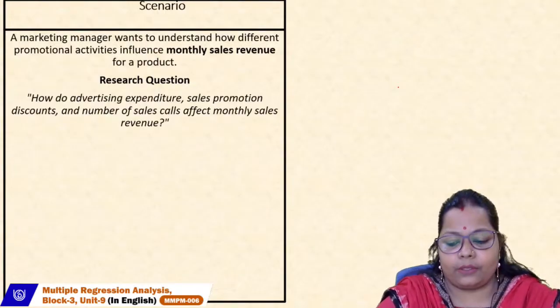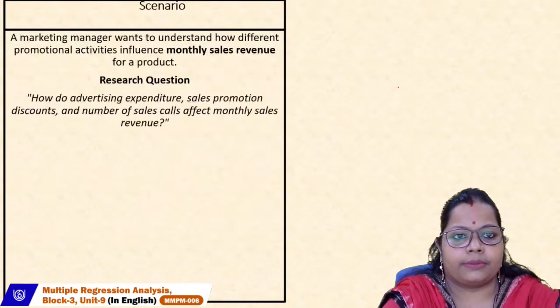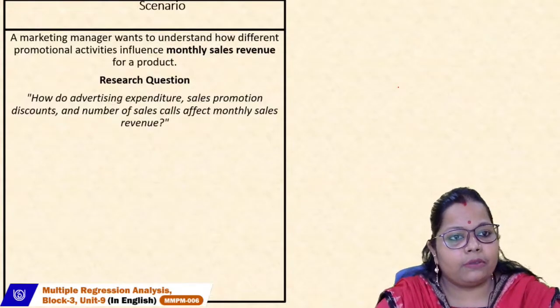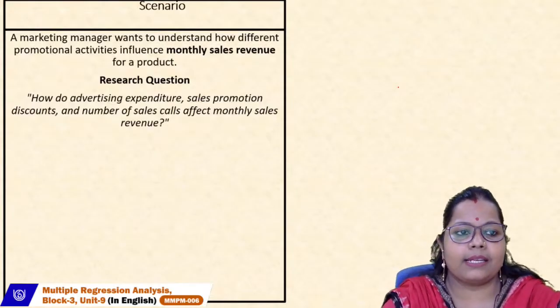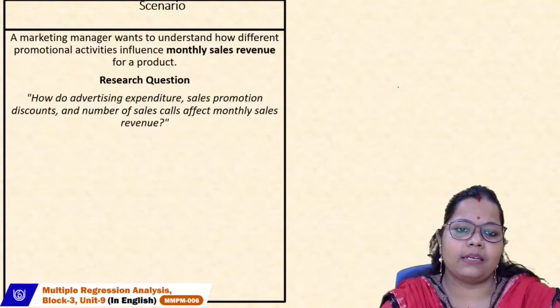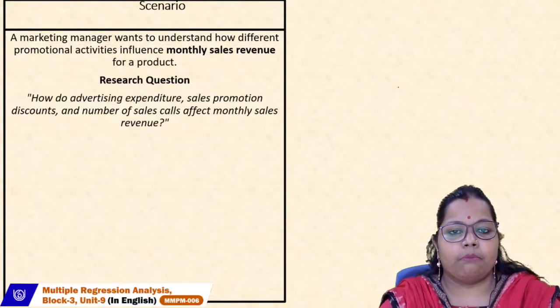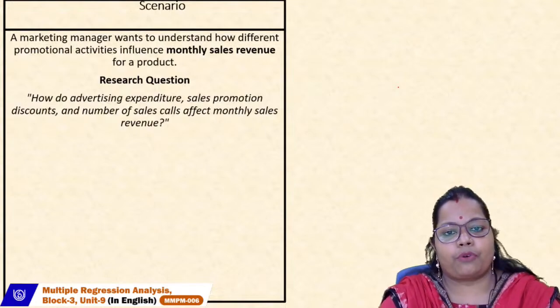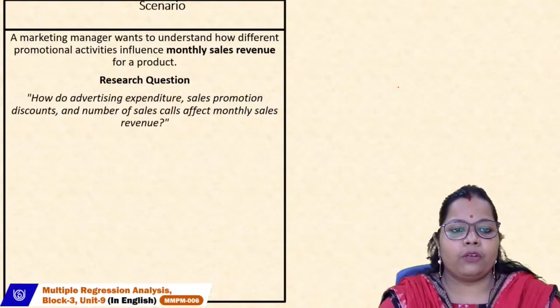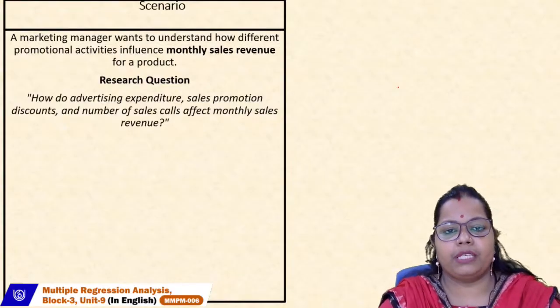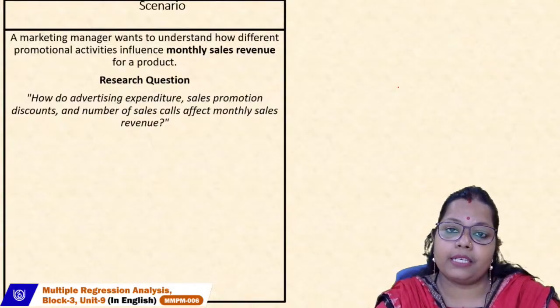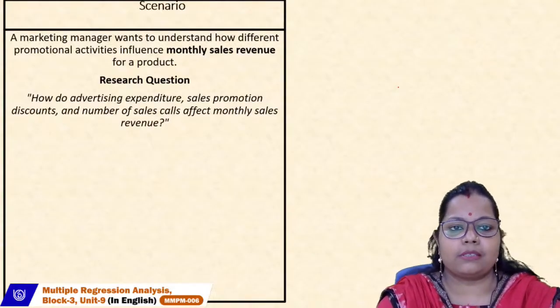Let us take a scenario in marketing research: a marketing manager wants to understand how different promotional activities influence the monthly sales revenue of a product. As we know, from a research problem we can go for research questions, or we can develop the objective, then the research hypothesis. All these things are possible.